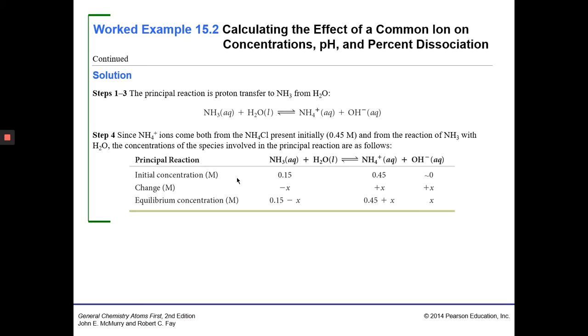Okay, the principal reaction is proton transfer to ammonia from water. Since ammonium ions come from both the NH4Cl initially present, which is 0.45 molar, and from the reaction of ammonia with water, the concentrations of all species involved in the principal reaction are as follows.